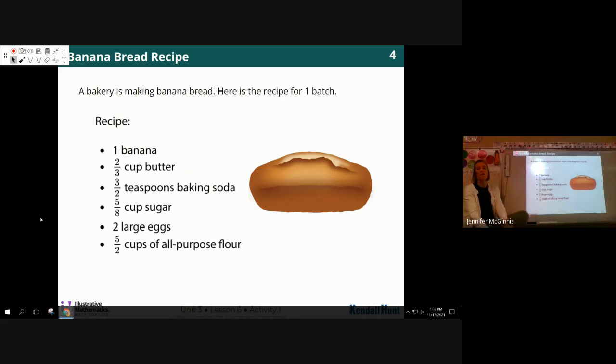So, on the paper you have in front of you, you see this recipe. A bakery is making banana bread. Yum. I don't like banana bread very much. Here is the recipe for 1 batch. We need 1 banana, 2/3 cup of butter, 3 teaspoons of baking soda.